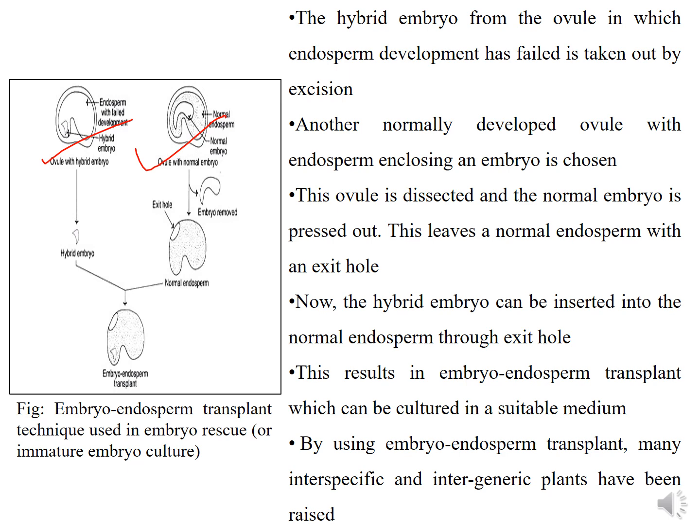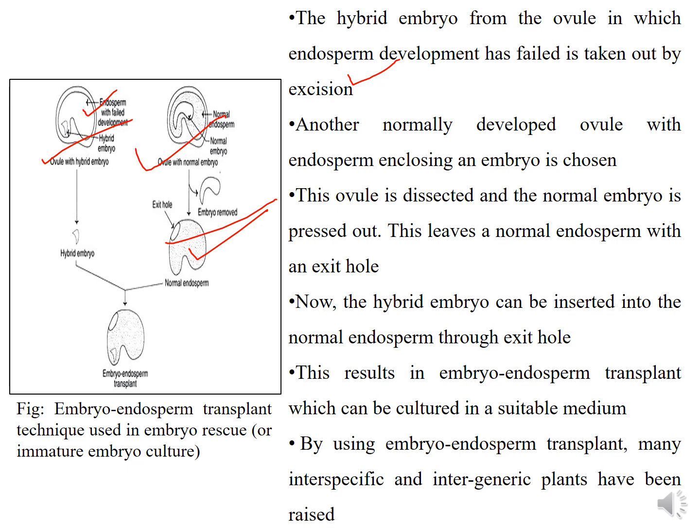The hybrid embryo from the ovule in which endosperm development has failed is taken out by excision. Then another normally developed ovule, here we can see with the endosperm enclosing the embryo, has to be chosen. Here endosperm is normal, but there endosperm has failed, there is no endosperm. So for endosperm requirement purposes, we are transferring this hybrid embryo to the normal endosperm, and this ovule is dissected and the normal embryo is pressed out.